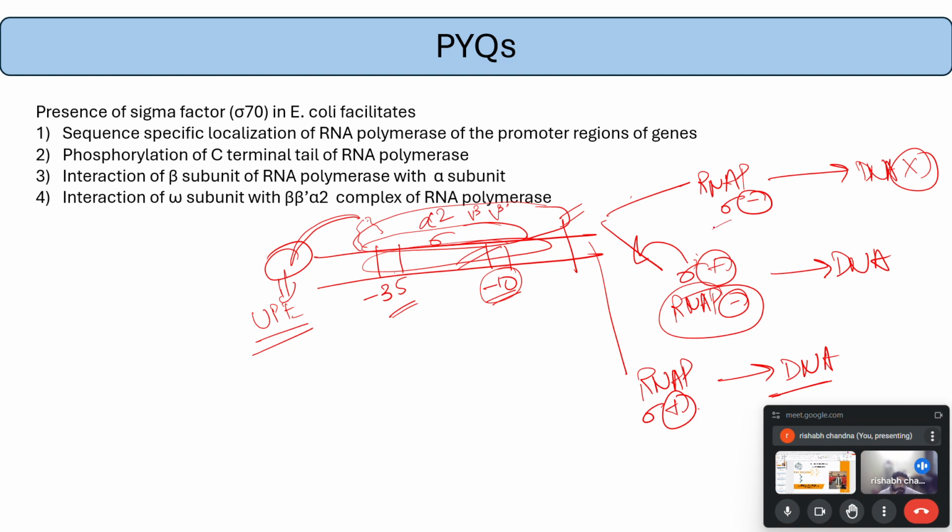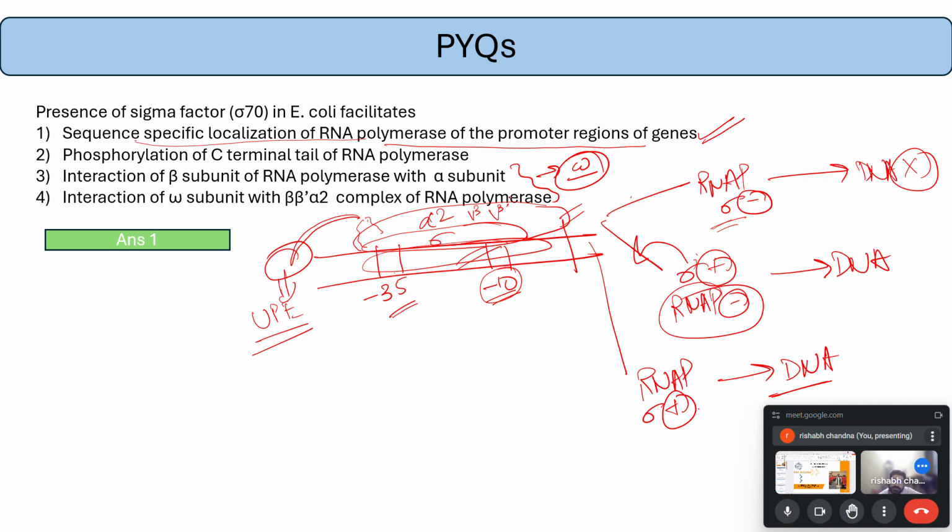Okay. So sigma protein has the role in promoter recognition. So it basically has sequence specific localization of RNA polymerase of the promoter regions of the gene. So the correct option is option 1. Okay, and the interaction between these two is taken care by the omega because it helps in the rearrangement of different subunits of the RNA polymerase.